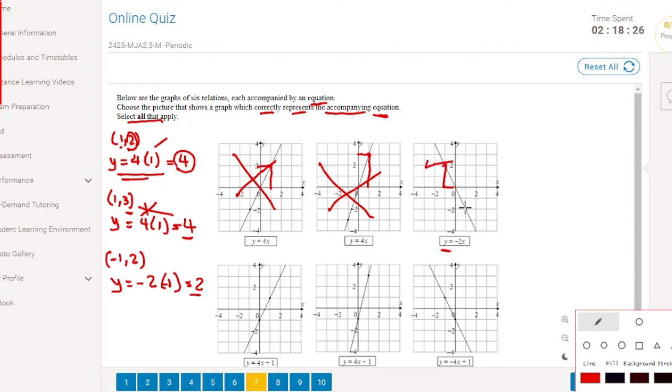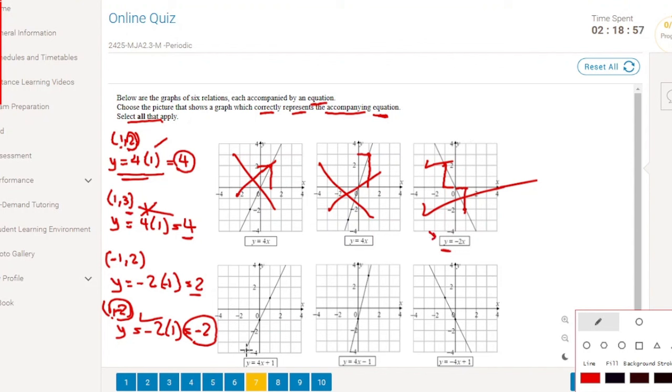Let's see this point, which is 1 and minus 2. So y will be equal to minus 2 multiplied by 1, equal to minus 2. Minus 2, and here also is minus 2. So it's right. So this second point is right. So this graph represents this equation.